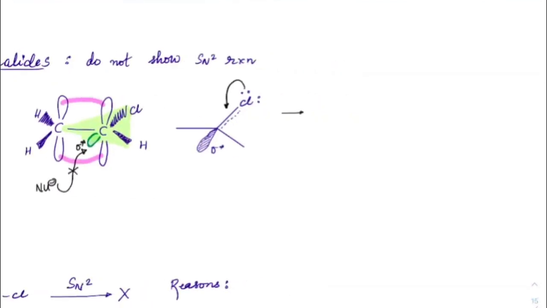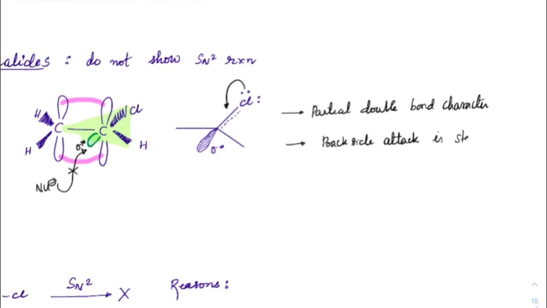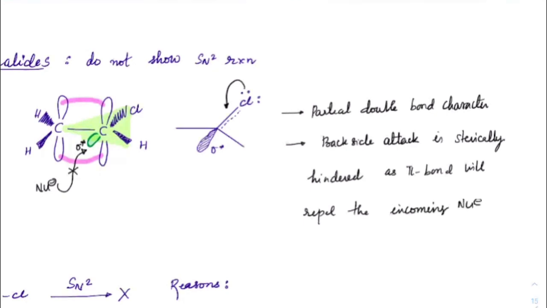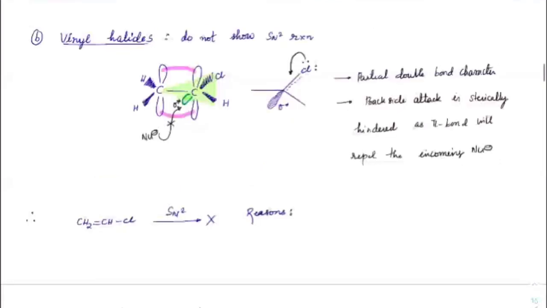Again, the reasons are similar: partial double bond character coming here, and backside attack is sterically hindered, as the pi cloud or a pi bond will repel the incoming nucleophile. I hope you understand the terminology for that.